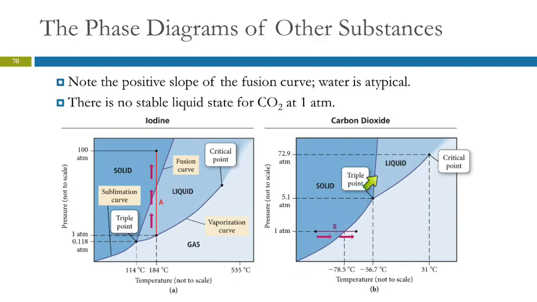The curves don't necessarily look super different until you look at the pressures here. This is 72 atmospheres. That's a huge amount of pressure. That's the critical pressure for CO2. The critical temperature is 31 degrees Celsius, which is only a little bit above room temperature.